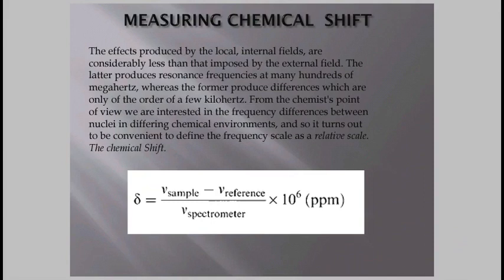So it turns out to be convenient to define the frequency scale as a relative scale, that is chemical shift or delta. The chemical shift of any resonance, whose unit is ppm, is independent of the strength of the applied magnetic field, despite the fact that the frequency difference in hertz between resonances will alter in direct proportion to the field.